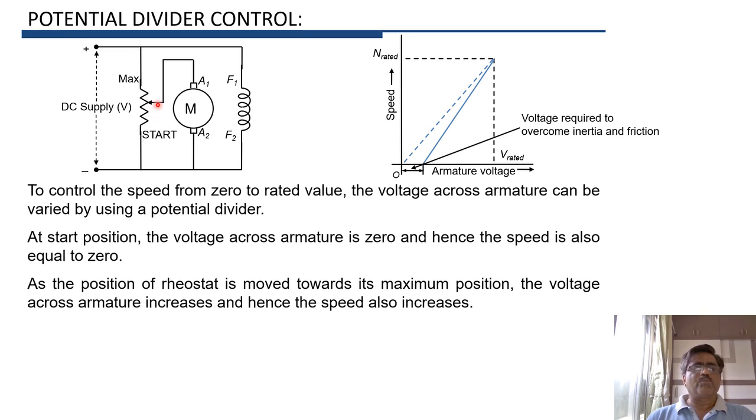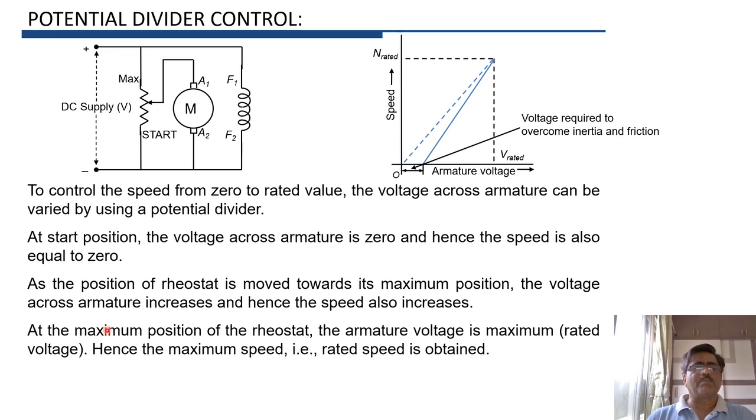Now when the potential divider position is at maximum, then the voltage applied across armature will be of rated value, and therefore in this case the motor will run at its rated speed.